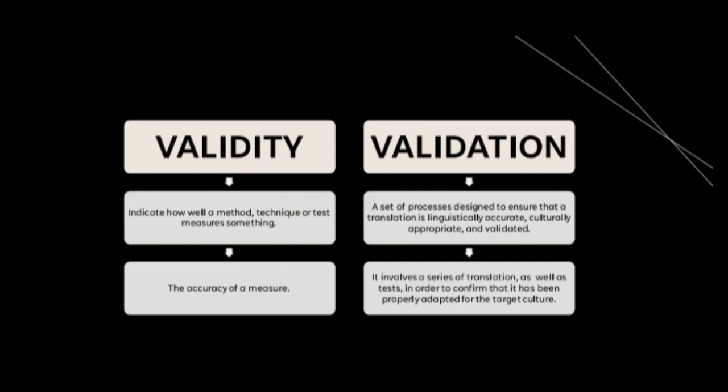Whereas validation is a set of processes designed to ensure that the translation is linguistically accurate, correct, culturally appropriate, and validated. It is done to ensure that the translation in the target language is what the original in the source language intended.